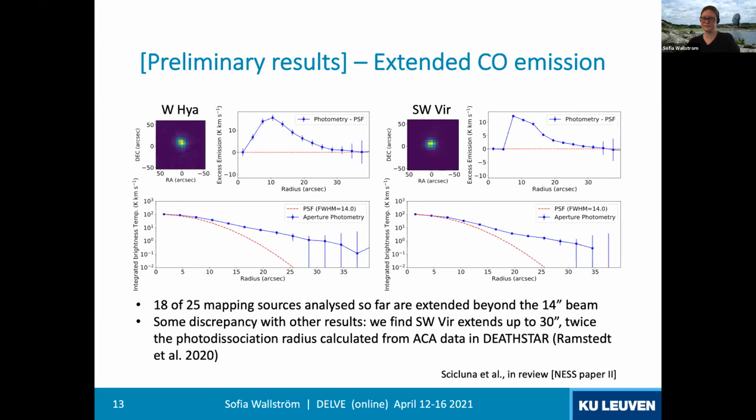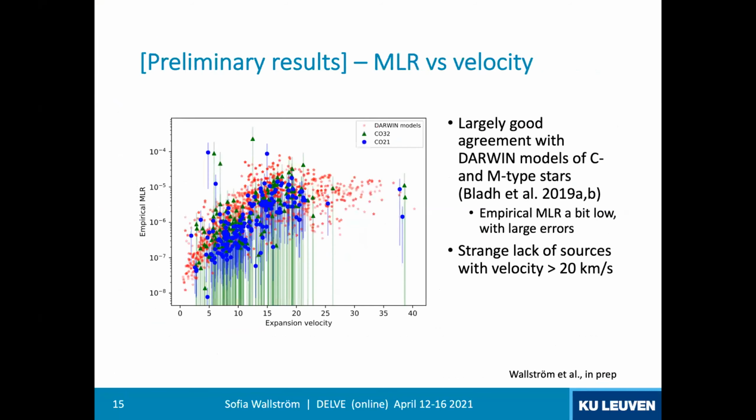So the other question that I had was, you showed this comparison between your empirical mass loss rates to the velocity diagram and compared it to exactly the Darwin models. I was curious to know if you compared your empirical estimates to any of the full radiative transfer model estimates of some of the overlapping sources, either from our results or from the results of Elvire de Beck, for instance.